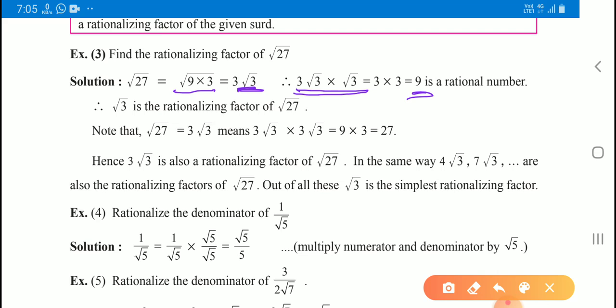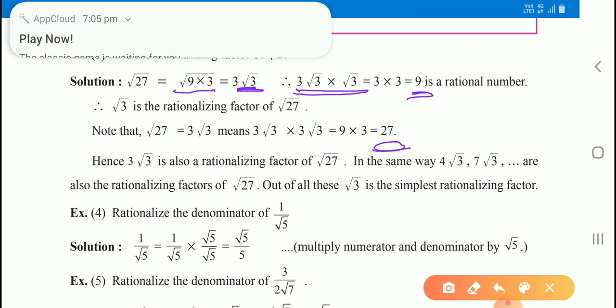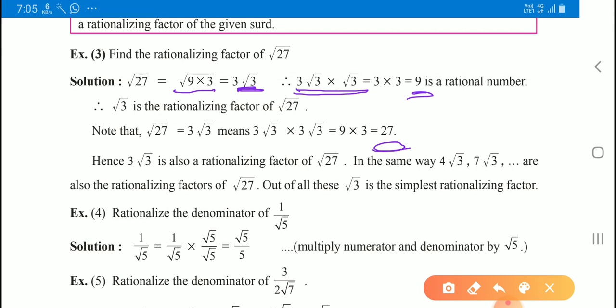Note that root 27 is equal to 3 root 3, means 3 root 3 into 3 root 3 means 9, 3s are 27. Hence 3 root 3 is also a rationalizing factor of root 27. In the same way, 4 root 3, 7 root 3 are also rationalizing factors of root 27. How?